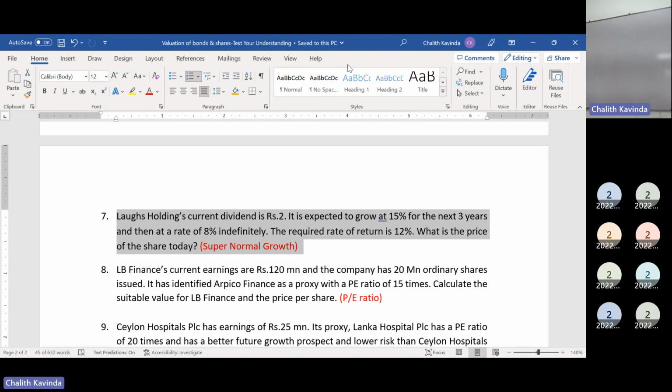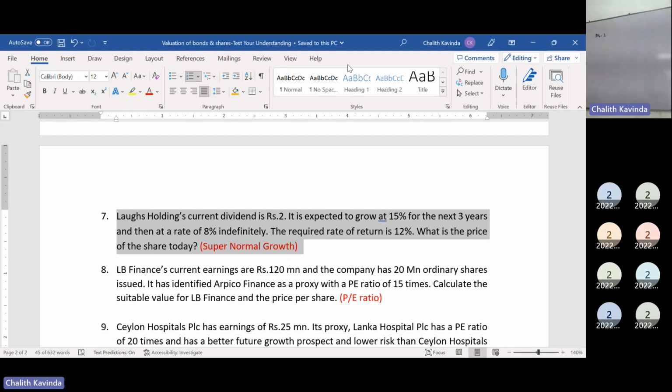So here it says, La Holdings' current dividend is 2 rupees. It is expected to grow at 15%. Now, this is the exact point where you use that model, the perpetual growth model.